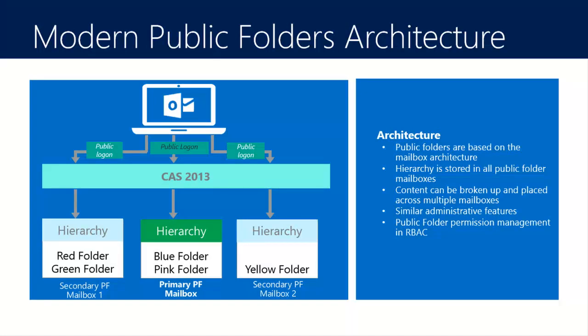So for example, if somebody's connected and accessing their hierarchy through the public folder mailbox on the right, or secondary public folder mailbox 2, and they wanted to gain access to content that existed in the red public folder, they would actually get redirected across to that public folder mailbox to gain access to that content.